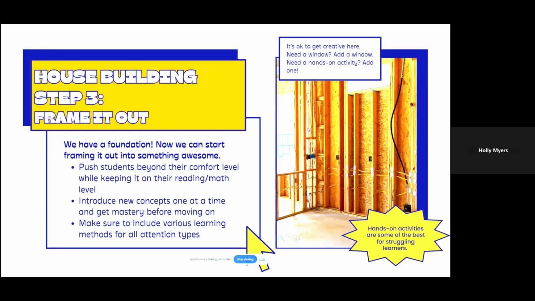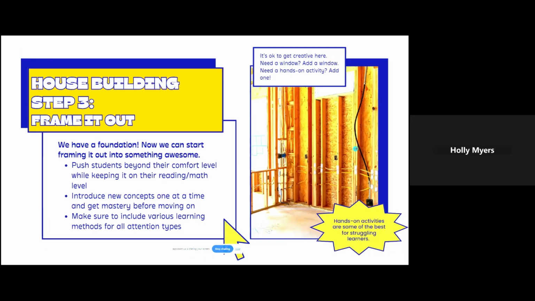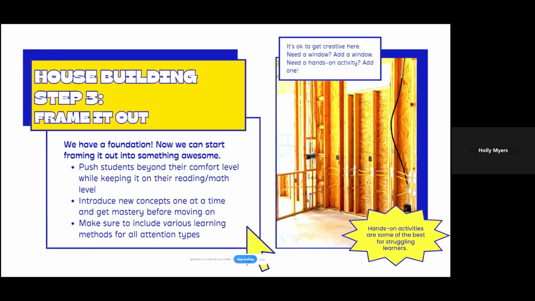But once you get to this stage, you really need to make sure that if you got a hands-on person, they're getting something hands-on. If you've got somebody who really likes videos, they're getting video. Or they're making videos. I like that one better. Hands-on activities are some of the best things you can do, especially for kids that are struggling. It gives them a way to feel successful, right? And not feel like they can't do it.